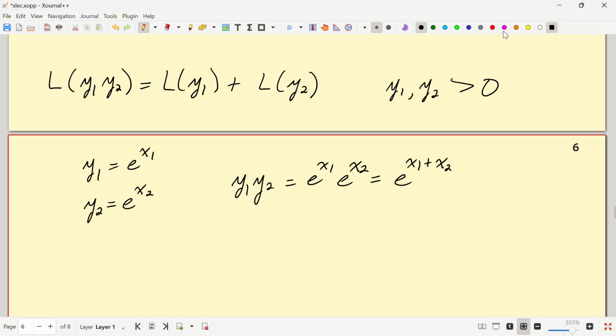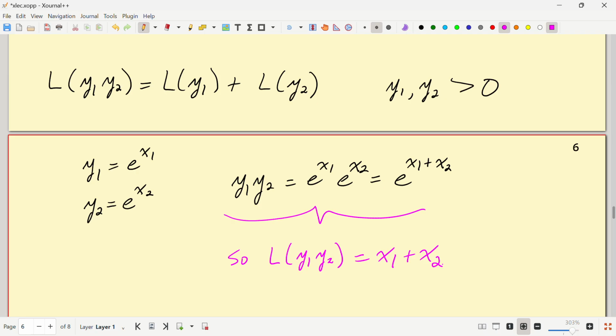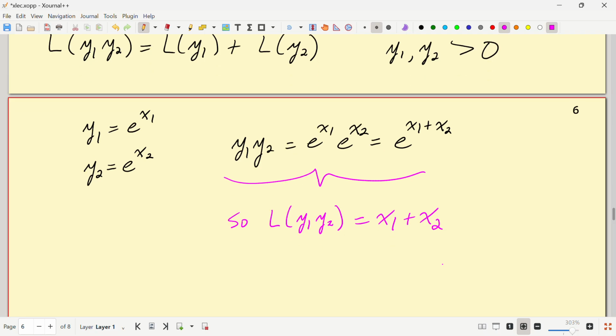Aha, so the L of y1 y2 equals x1 plus x2. And x1 is the log of y1.